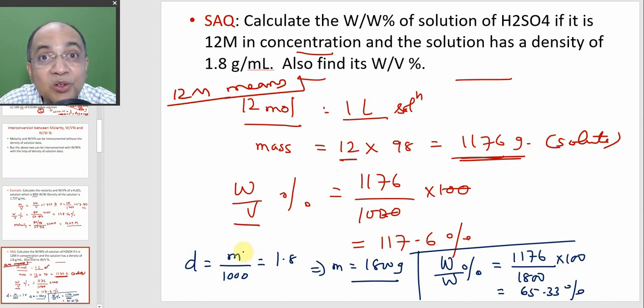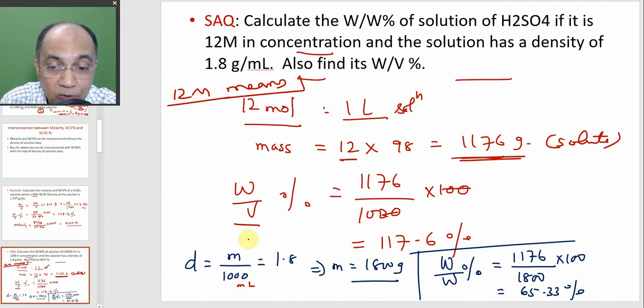And to convert it to W by W, you have to use density. Let us take 1000 ml as the volume of the solution, because it is molarity, it is 12 moles in 1 liter solution. So we took 1000 ml or 1 liter, and the mass of 1 liter is 1800 grams.